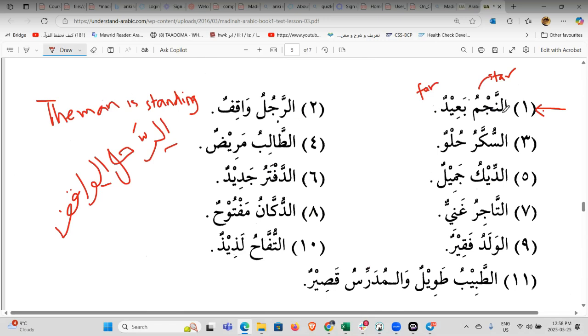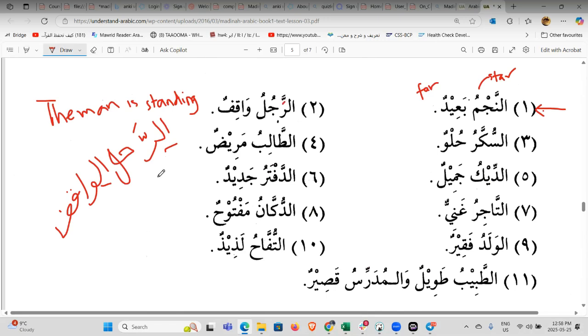الرجل، النجم، السكر، الطالب، الدفتر، الدكان. And there's a hint that's given to you by having a shadda on the first letter after the lam. That tells you the lam has become that letter. That's why the letter is doubled.